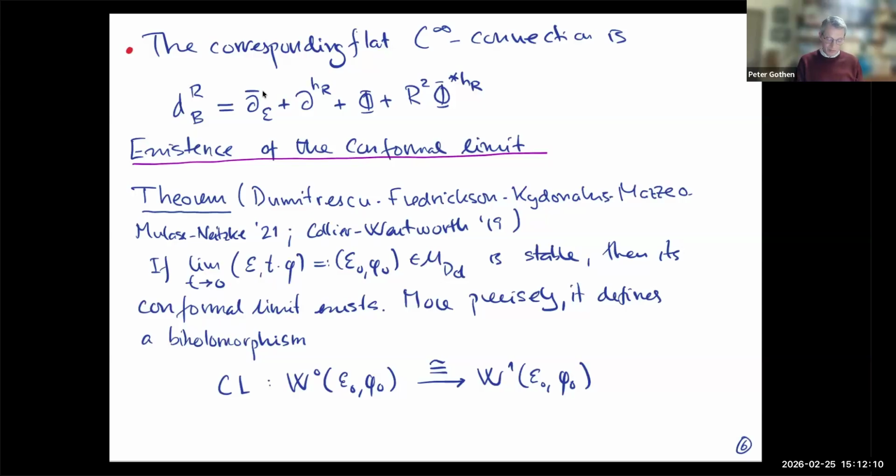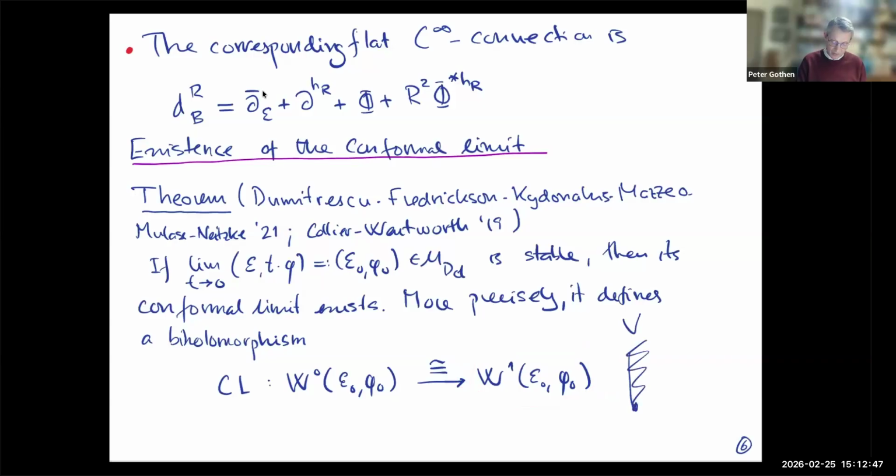And you can say a lot more. Here's your fixed point, the limit at 0 of your Higgs bundle, and here I take everything that flows to that under the C star action. If I take some point here and apply the conformal limit, I go to the moduli space of flat connections, and what I get is exactly all the flat connections which, under the C star action on the Hodge moduli space, flow down to the same fixed point.